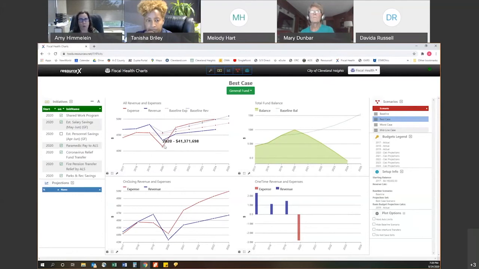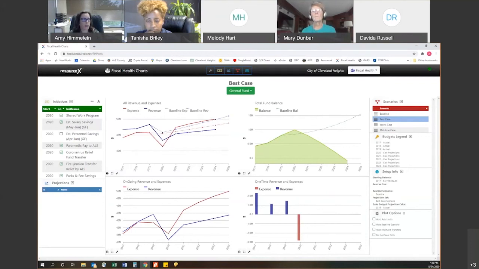Talking about some of the other initiatives that we have listed here, estimated salary savings, which is all the vacancies that we have that Tanisha is going to go over as well. We moved paramedic pay that was in the general fund previously to the ambulance fund. We're also planning to use some of the ambulance fund money to supplement the general fund transfer that happens every year to the fire pension fund.